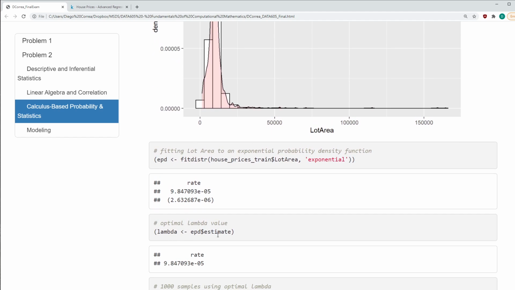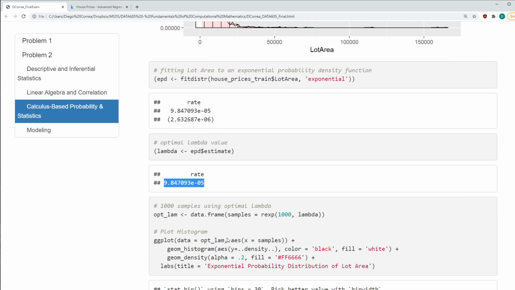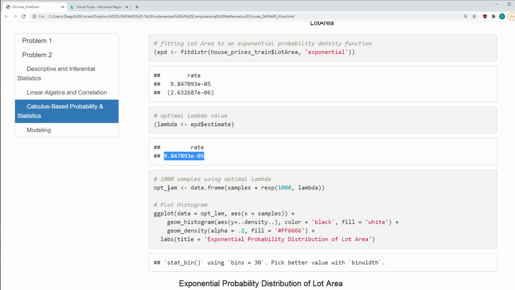We find the optimal lambda, which is this value here, and again we get that same value here. Next, we run 1,000 samples using the rexp function, generate 1,000 samples using lambda, and I store that in a data frame called optlam.